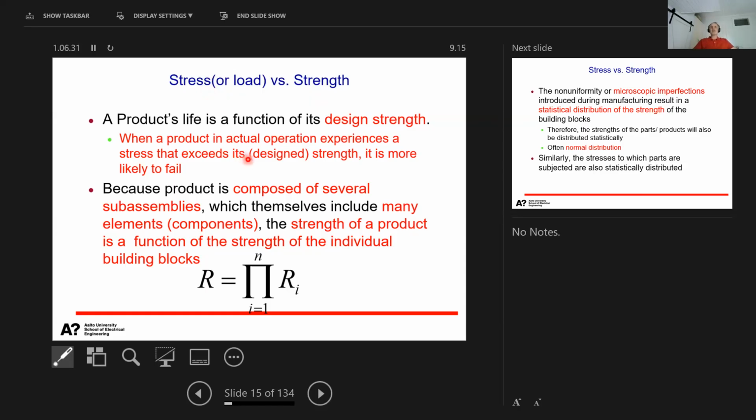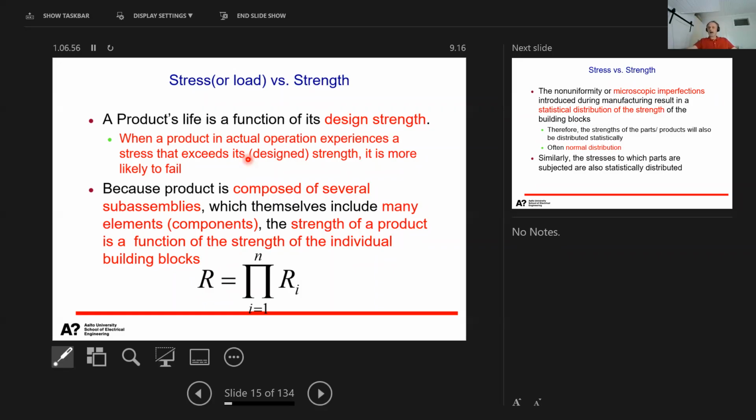So a product is a function of the design strength, meaning that if you design something that will be used in higher stresses than it is targeted for, so the stress exceeds the strength, then there's a high probability of failure.